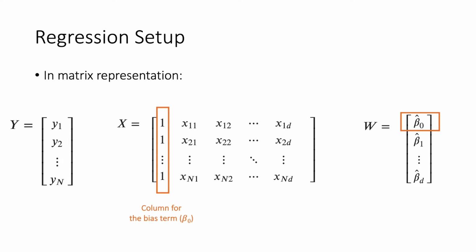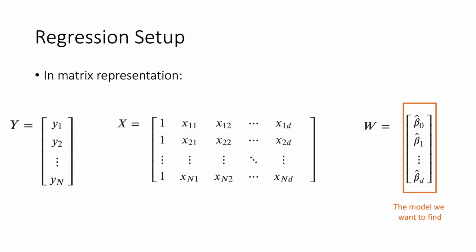This column of ones is just the term that allows us to multiply X with W such that the bias term beta 0 is going to be free. It's not going to be multiplying any of the X's. And finally, the model, right? The W we are trying to find also could be represented as a column vector.